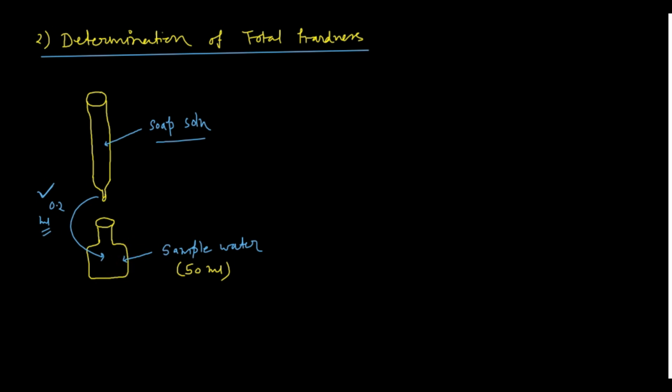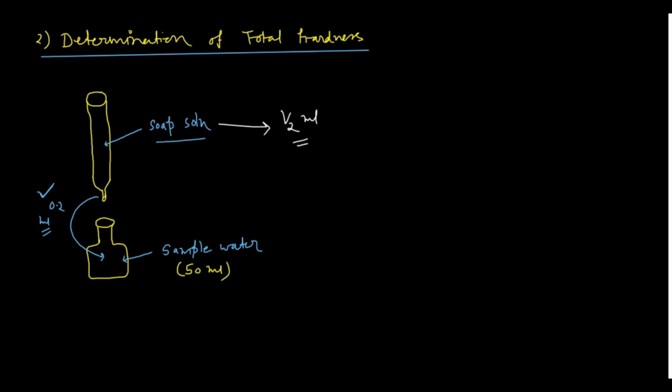It is very important, your lather must persist at least for 2 minutes. When your lather persists for 2 minutes, stop the reaction and note this volume of the soap solution which is consumed by the sample water. I'll note this volume as V2 ml.